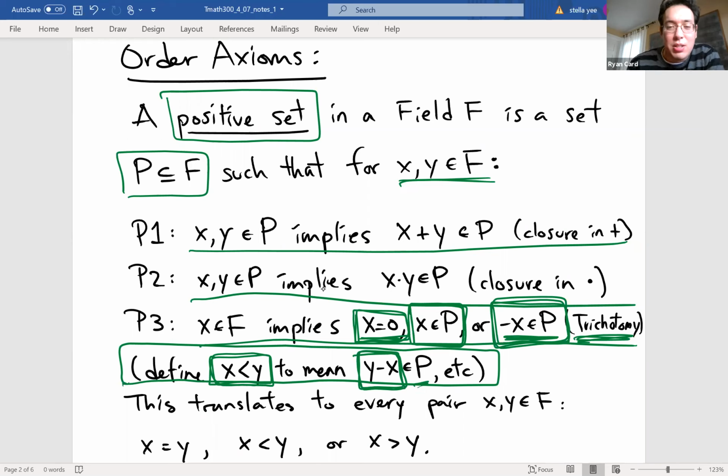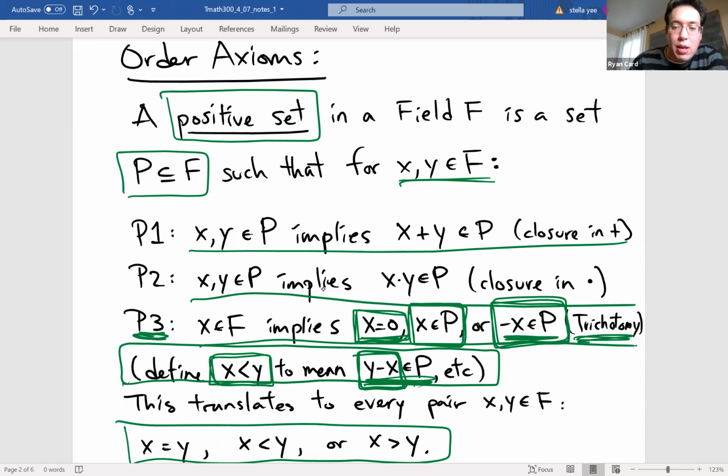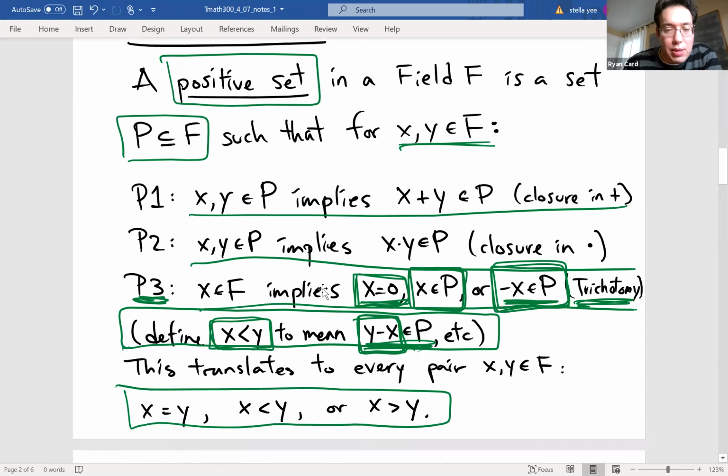So if you just define this less than symbol to mean that the difference, the bigger thing minus the smaller thing, is in the positive set, then the third rule, the third axiom P3, will translate to: if you have any pair x, y in the field, then either they're equal to each other, or one of them is less than the other, or it's greater than the other.